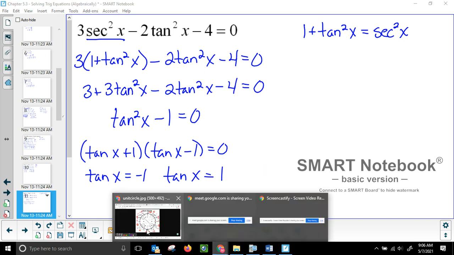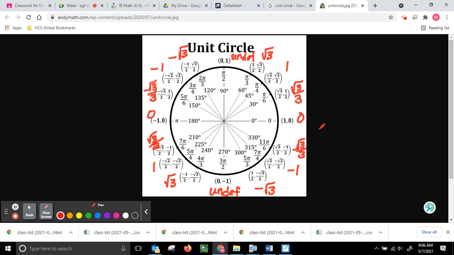All right, so of course from here we can go back to our unit circle. All right, and we're talking about tangent, which is all of these red things around here. All right, so tangent is 1 at pi over 4 and 5 pi over 4, and tangent is negative 1 at 3 pi over 4 and 7 pi over 4.